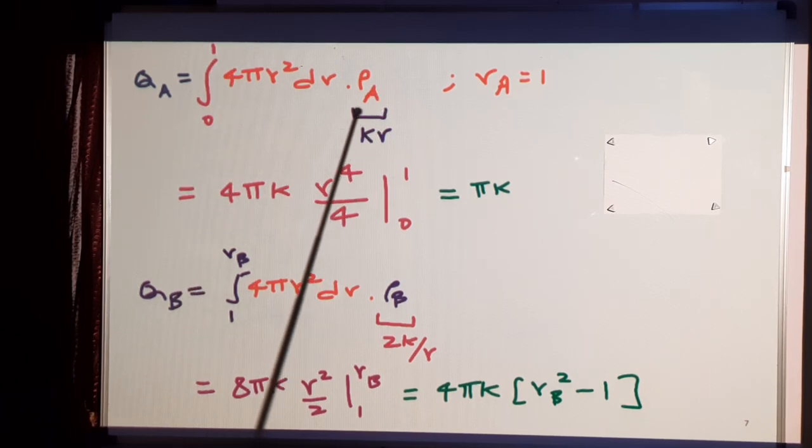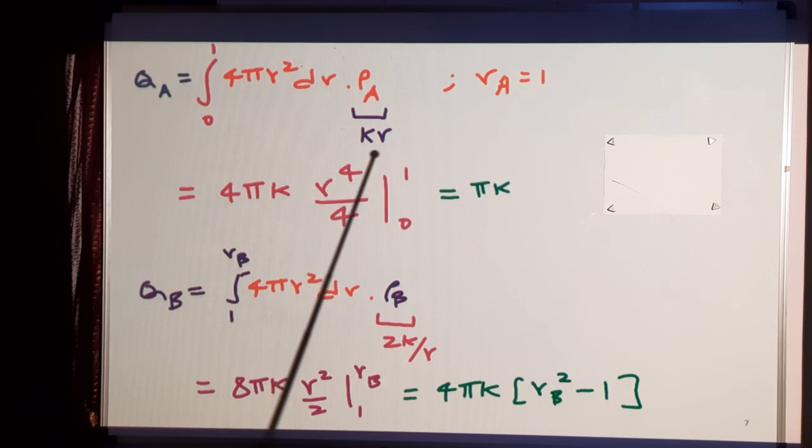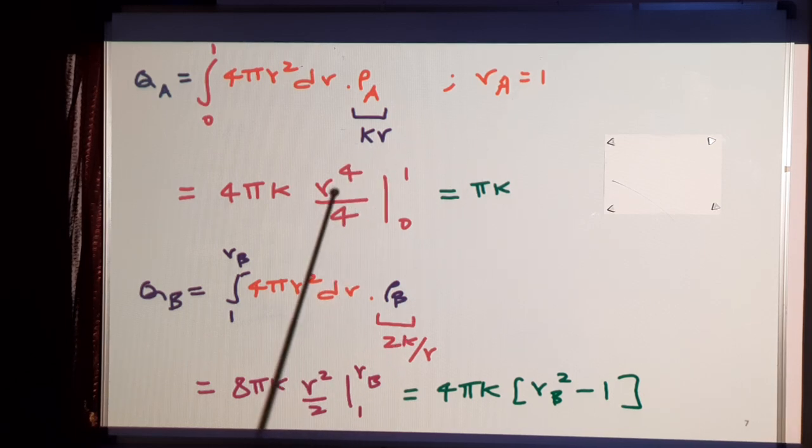And rho A of the inner sphere is Kr, that's given in the question. And Ra is 1. So this integration gives r cube, so it's pi k. And the charge of the outer shell is the integral of 4 pi r square dr times rho B, the charge density of the outer shell, from Ra to Rb. Ra is 1, and rho B is given as 2 k by r.